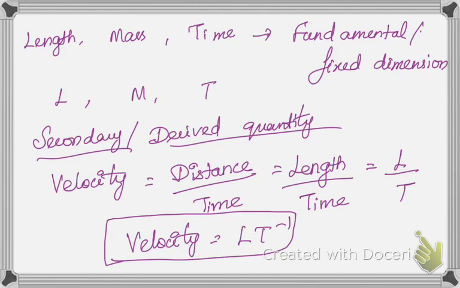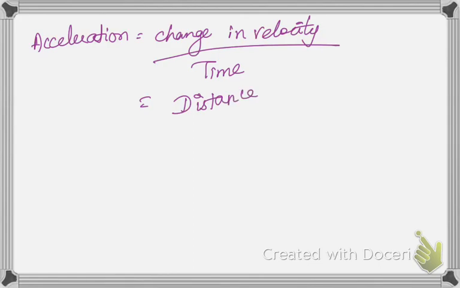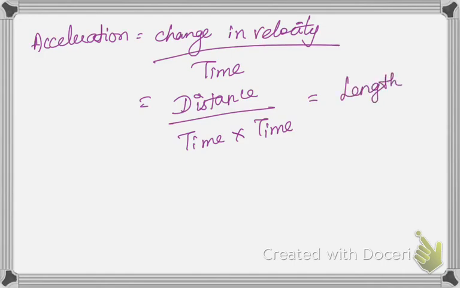Say for example if I go for acceleration. Acceleration is nothing but change in velocity by time. Velocity is nothing but distance by time, and already I have one time here, and distance is measured in meter or kilometer, that is length.